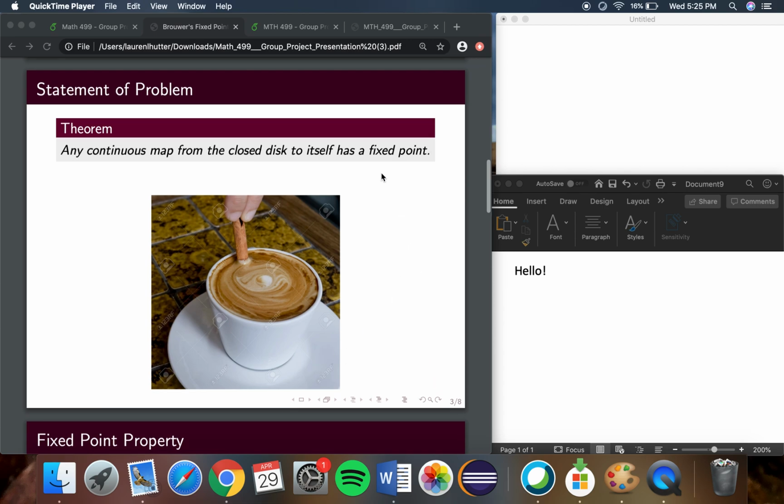And while I was researching the history of this, I came across a fun little anecdotal story. Supposedly, Brouwer came up with the idea for this theorem when he was stirring cream into his morning cup of coffee. He noticed that as he stirred, there always seemed to be a point which didn't move, a little particle of liquid that was in the same exact position as before the cup was stirred.